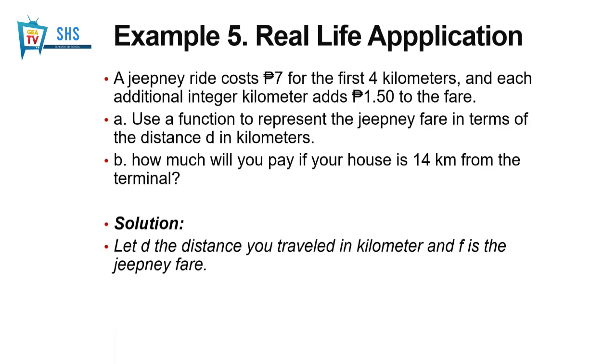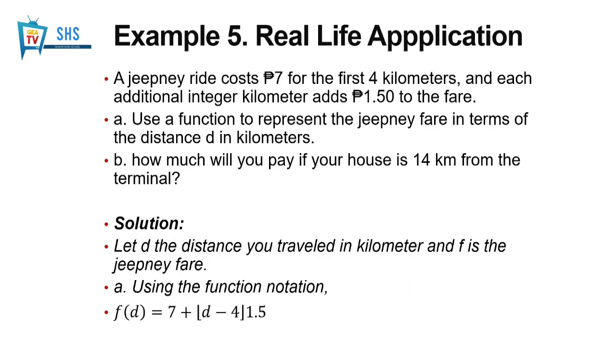Let d be the distance traveled in kilometers and f be the jeepney fare. Using the function notation, f of d equals 7 plus d minus 4 times 1.50. Since the first 4 kilometers is already paid under 7 pesos, any distance exceeding 4 kilometers will be charged 1.50 each.